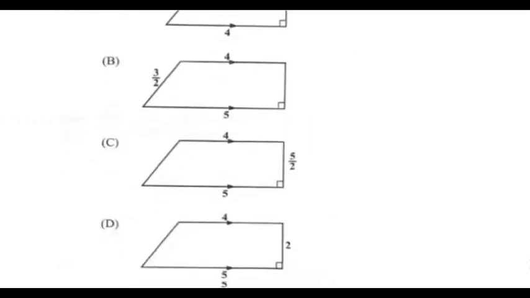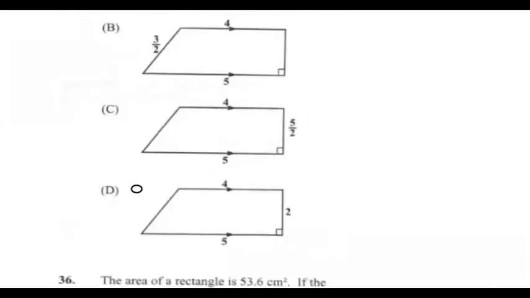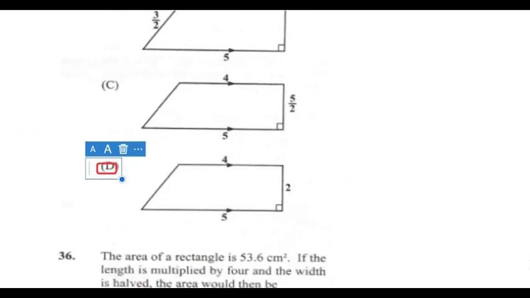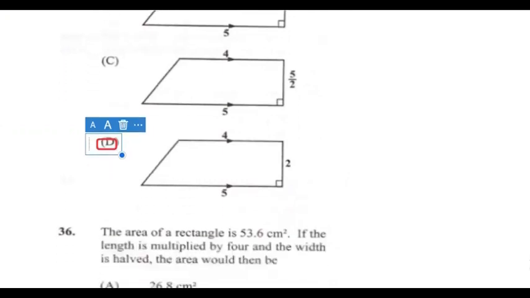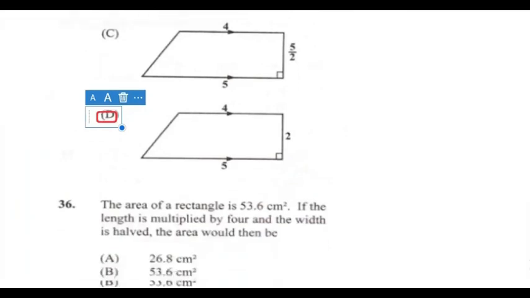And the only one that shows that is D, which is 5 and 4 and a height of 2. This slant piece is not the height. The height is the distance between both parallel sides. So therefore the answer for 35 is D.